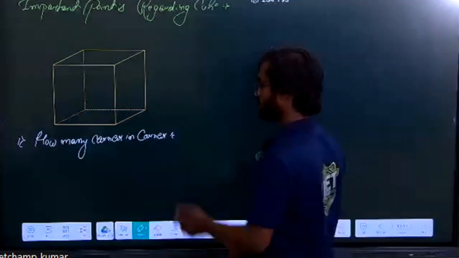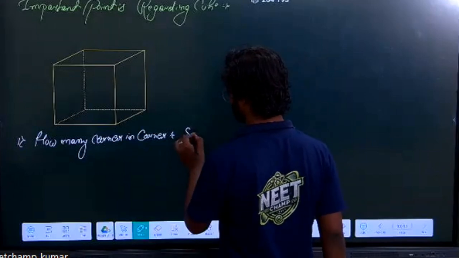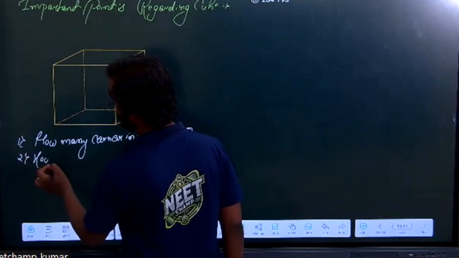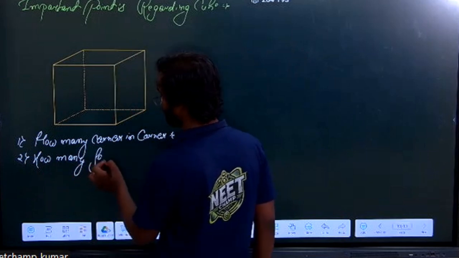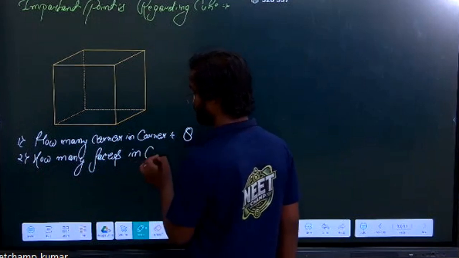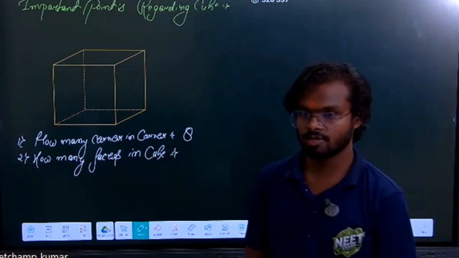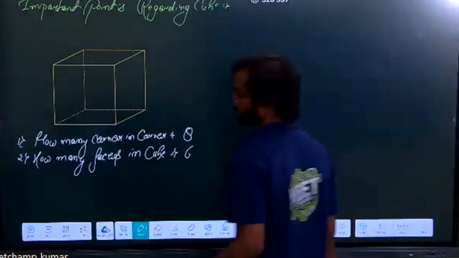There are 8 corners in a cube, right? Second is, how many faces are there in a cube? 6. Yes, there are 6 faces.